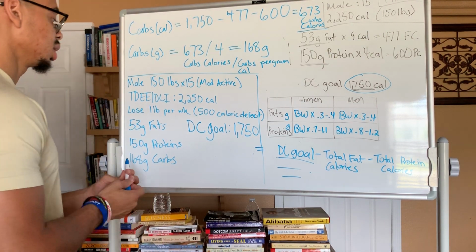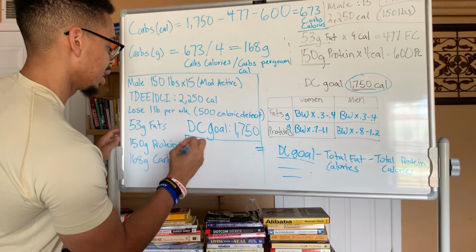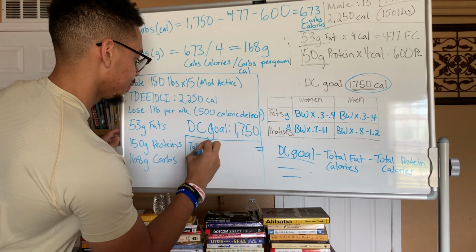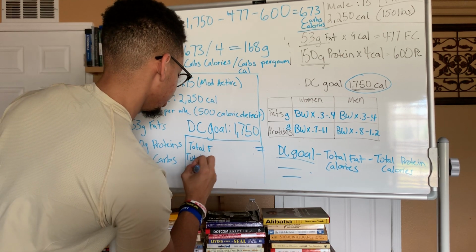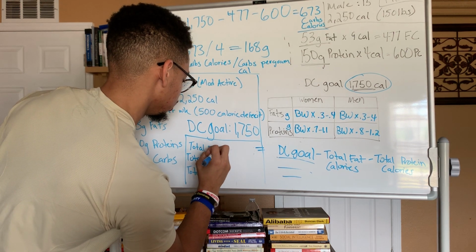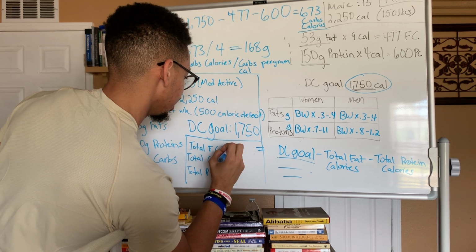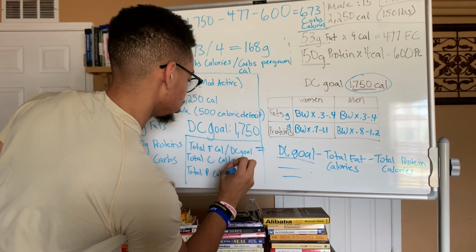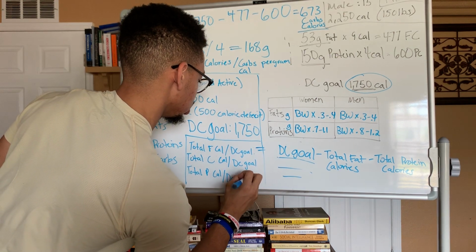So what he would need to do is make this really simple. He would need to take the total fat, total carb, divided by the daily calorie goal.